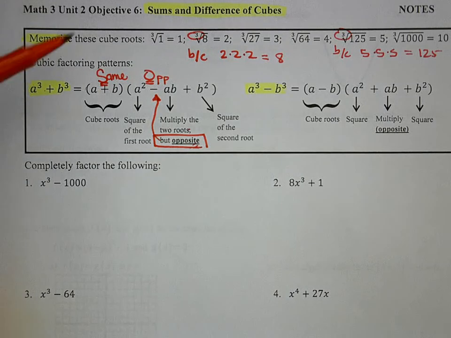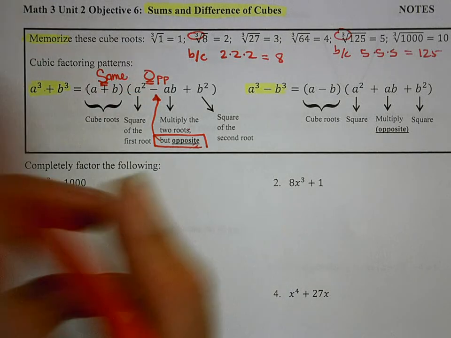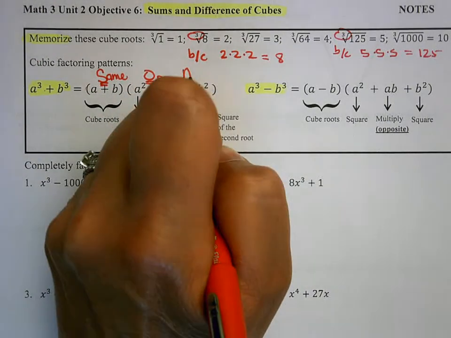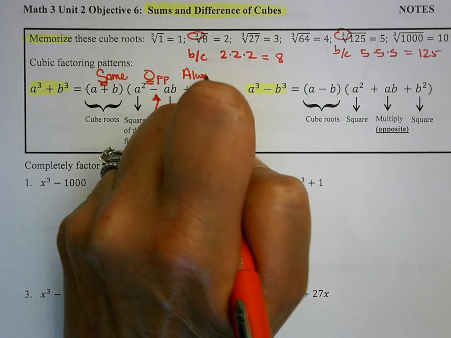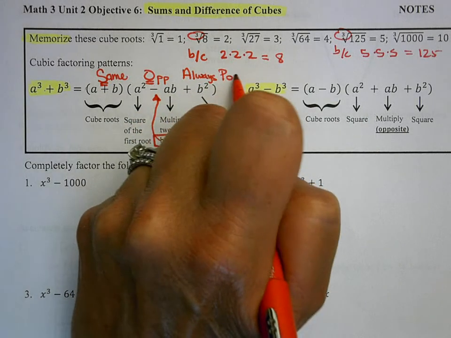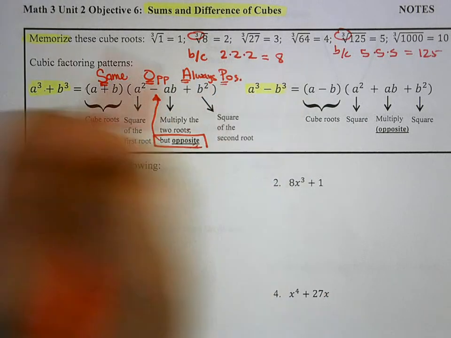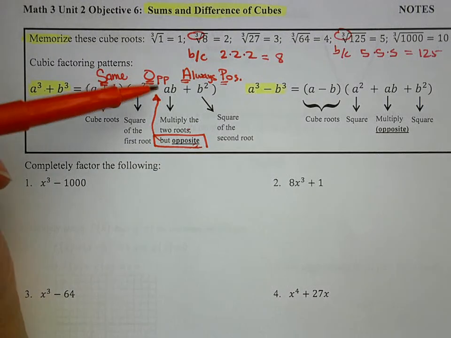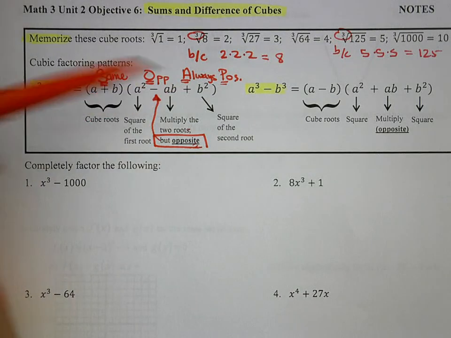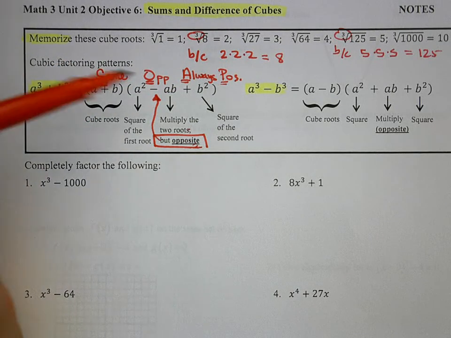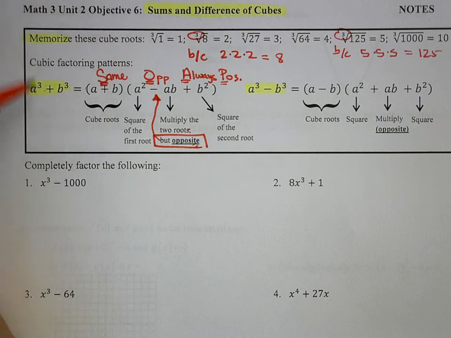If that's a plus, opposite of that would be a subtraction. And then this one is always positive, so AP. So SOAP: same as the original, opposite of the original, always positive, okay?